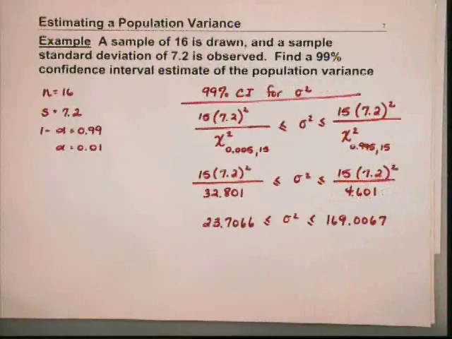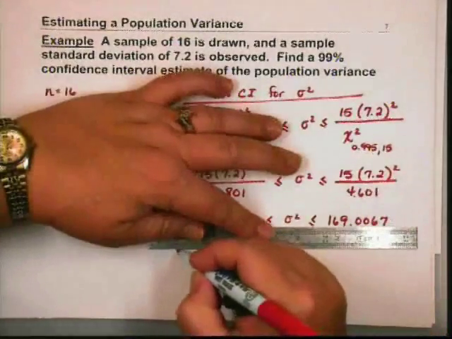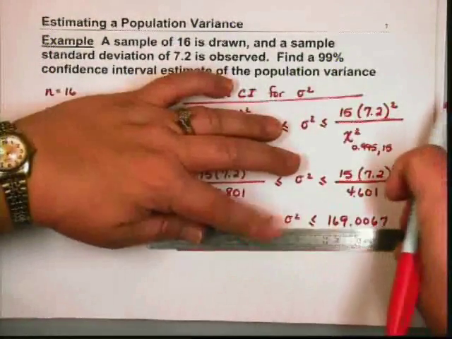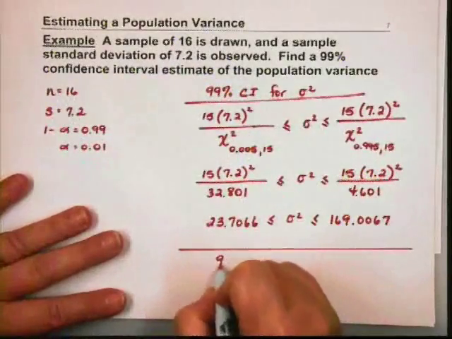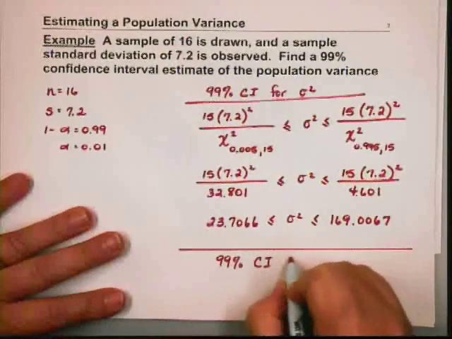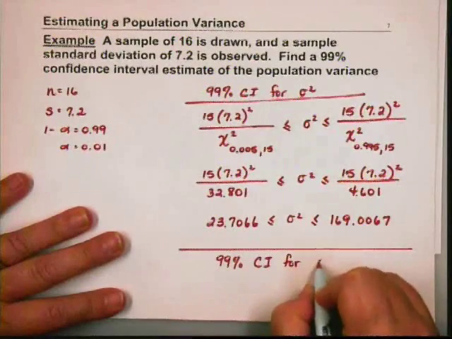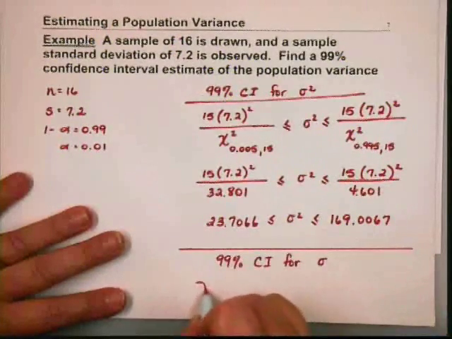Though we were only asked here for the confidence interval for the population variance, one could look at the confidence interval for standard deviation. And so if you are asked for the confidence interval for standard deviation, you first compute the confidence interval for the variance, and then whenever you want the confidence interval for sigma, take the square root of each endpoint.